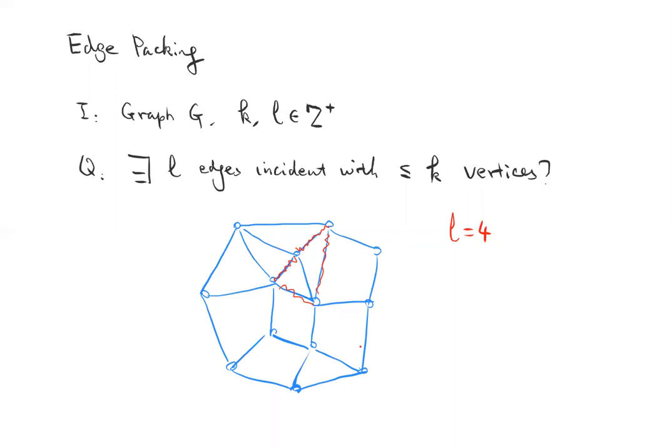It's a kind of dual problem of the clique problem. It's a special case when we set L to be K choose 2. So I want to pack K choose 2 edges, I want to put this many edges into a graph using the minimum number of vertices.